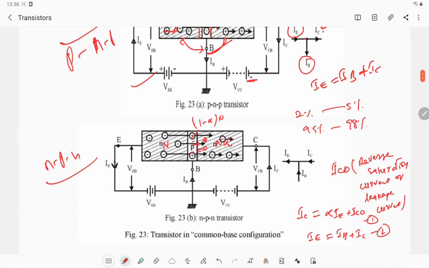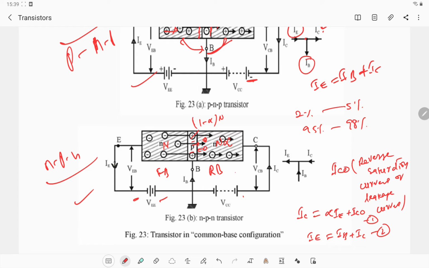And the same as in the NPN transistor, in any transistor the input junction is in forward bias and the output circuit is in reverse bias. See here, in the n-type semiconductor, N is connected to the negative terminal and P is connected to the positive terminal; this is forward bias. Here N is connected to the positive terminal and P is connected to the negative terminal; this is reverse bias. Here also, in the n-type semiconductor, this is the emitter.